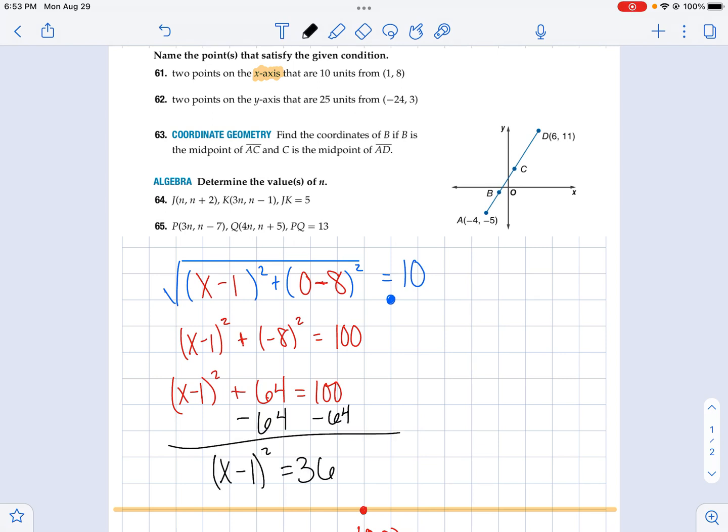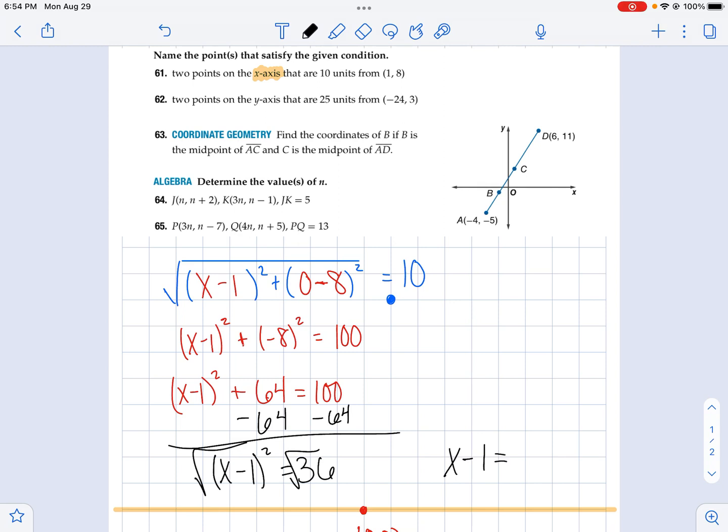Now this is where my two answers come in. Because when I take the square root of both sides here, the square and the square root on the left side are going to undo each other. They're opposite operations, so I end up with x minus 1. But here's the big key idea.